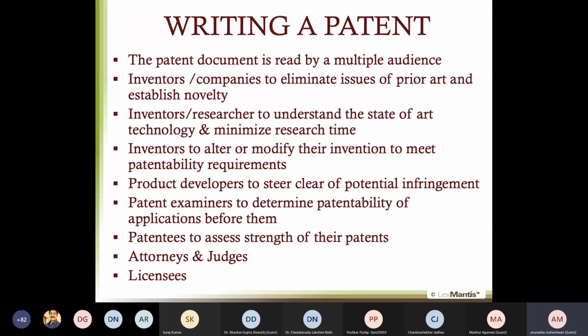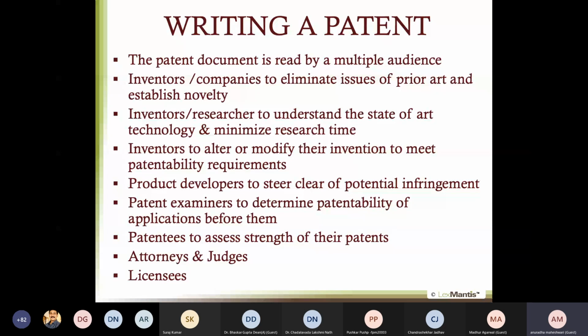Product developers would be reading your patent to understand what they should not be doing so that they don't infringe your patent. All right. When the case goes to the court of law, lawyers and judges would be reading your patent. Last but not the least, when you are commercializing your patent and giving it on license, etc., then the licensees would be reading your patent document.